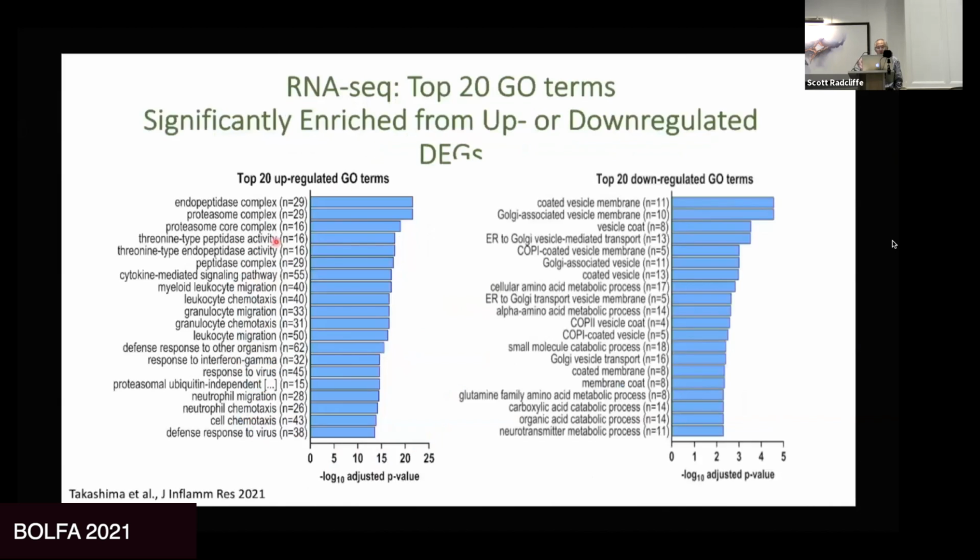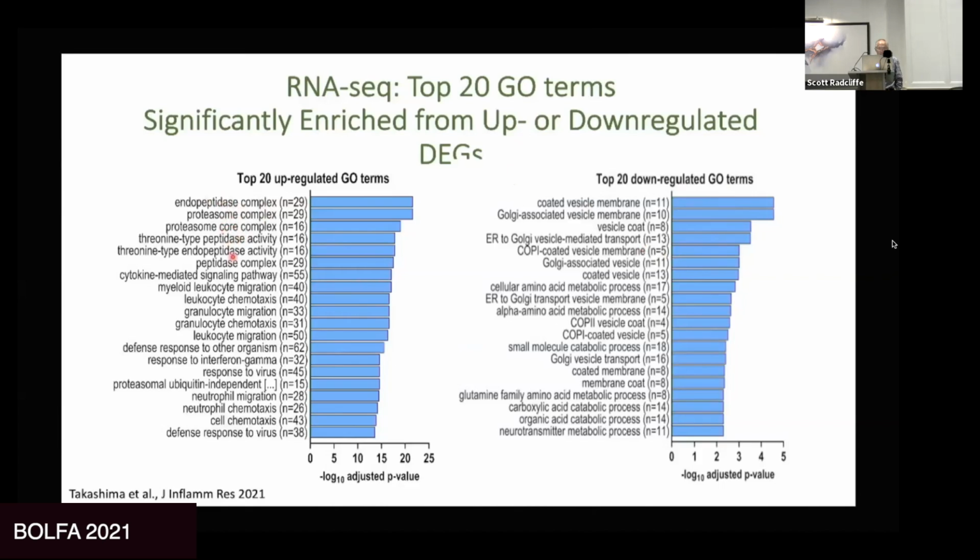But we also did GO term analysis. GO term, everybody knows, David. We list at least 20 up-regulated GO terms and 20 down-regulated GO terms. From those genes up-regulated, as you can see, very impressively, the majority of the top up-regulated GO terms are proteasome, endopeptidase or protease.